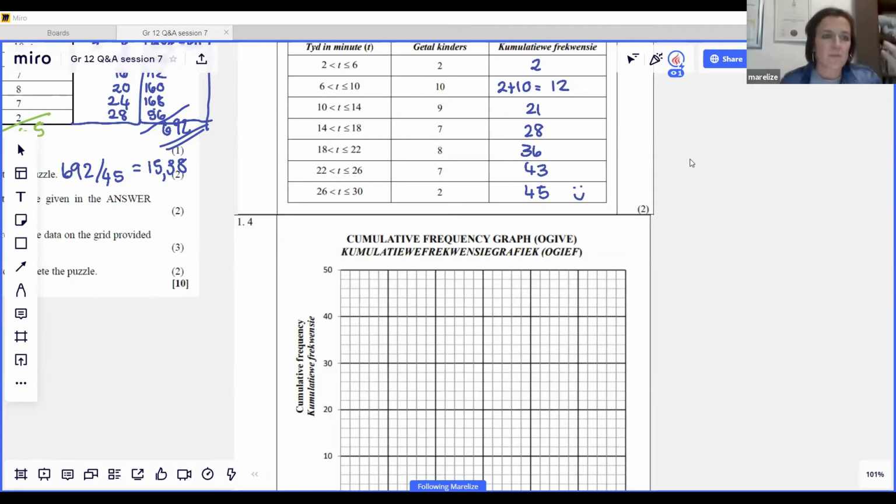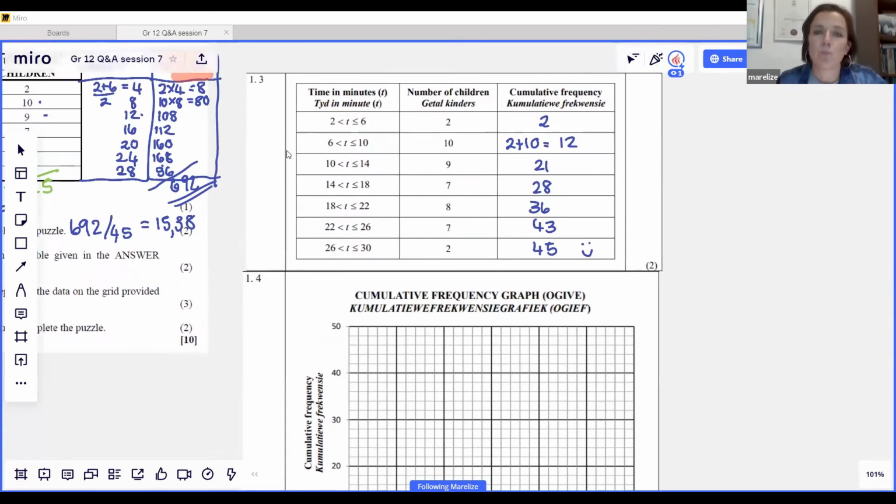What kind of a shape does it take? For those of you who gave me a thumbs up, can you tell me? It's an S shape. That's right. Okay. So no ruler involved. You are going to use your finest artist hand to draw a beautiful S shape cumulative frequency curve. No ruler in sight.